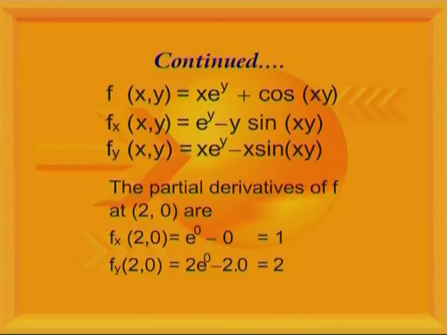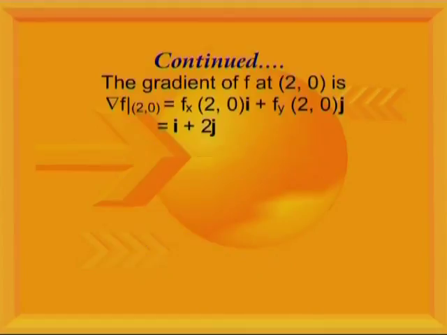The gradient of f at (2, 0) will be fx(2, 0) i plus fy(2, 0) j, so that is equal to the vector i plus 2j.